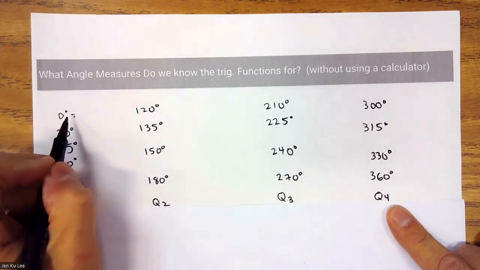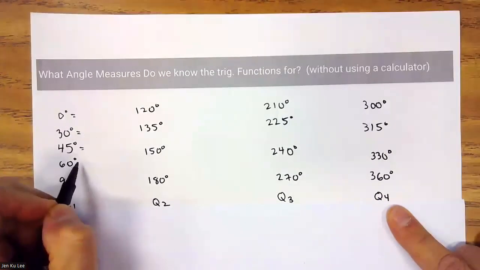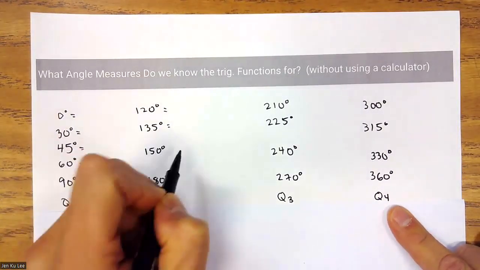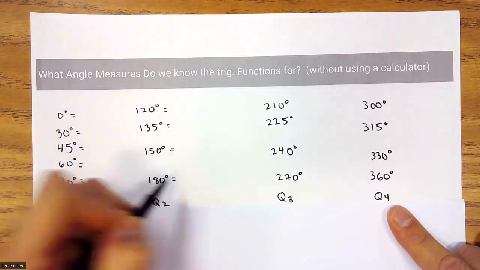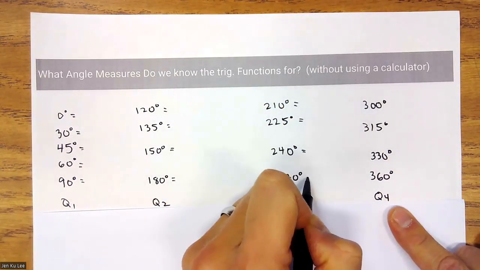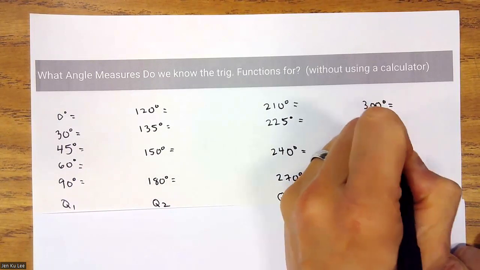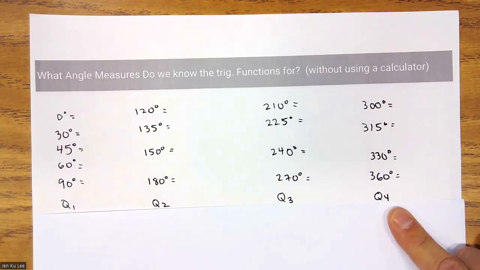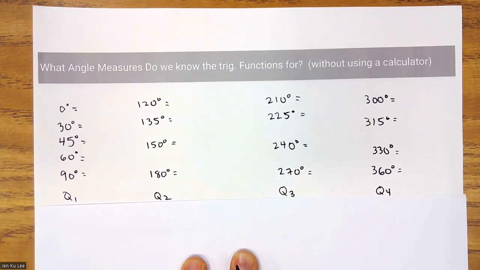We also know the radian measures of all of these angles, right? So let's take about 2 minutes to try and fill them out. Get the radian measures of all of these angles.